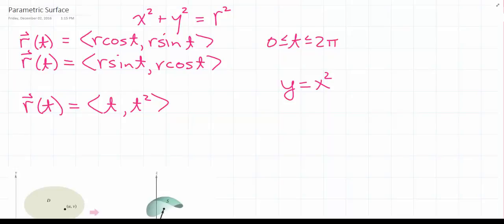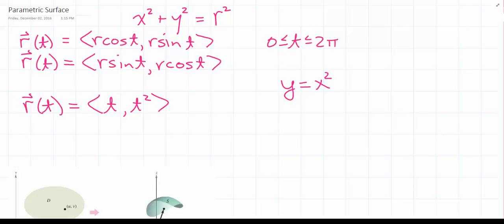So we're familiar with how to use parameters to represent a curve with a vector valued function. Now notice that we're using t here, and that's our only parameter for these curves.